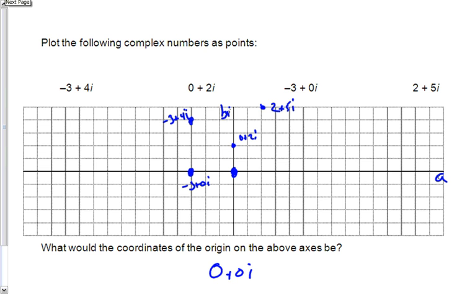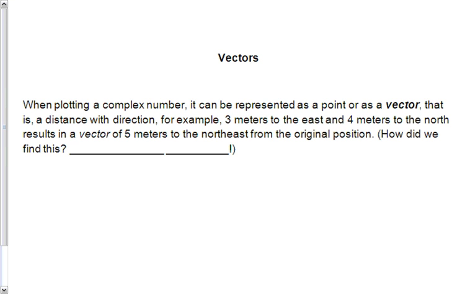Now, why do we want to deal with this? Well, something very popular in mathematics and physics we call vectors. A vector is actually what we use complex numbers for. The points that we made have a direction and a magnitude. Vector, just like in one of those wonderful movies, you should know what it is.